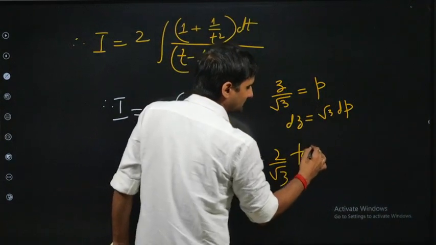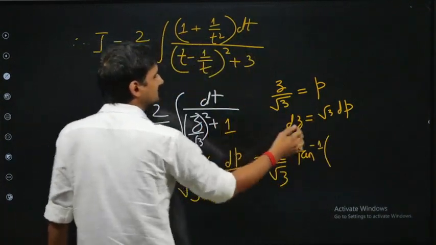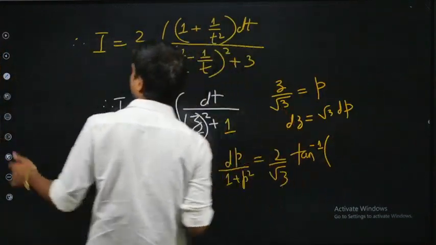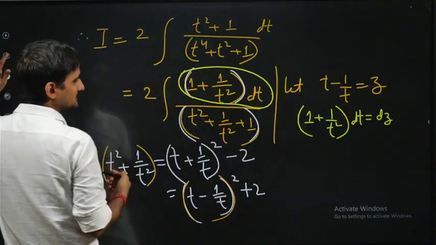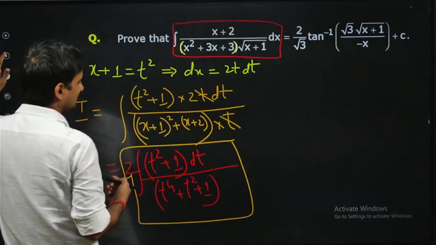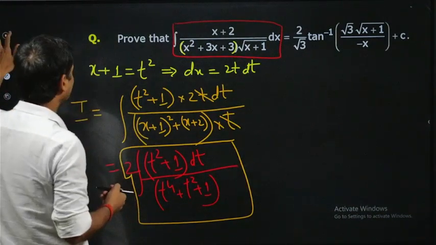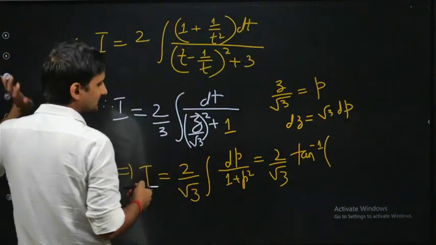So tan inverse of z, and z was how much? t minus 1 by t. And what was t? Just a minute, I missed it. t is root of x plus 1.